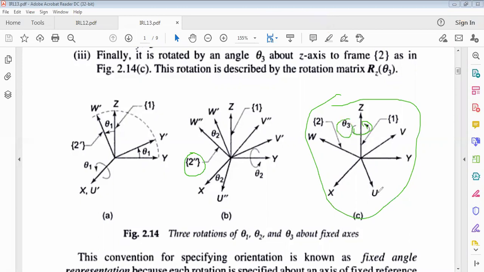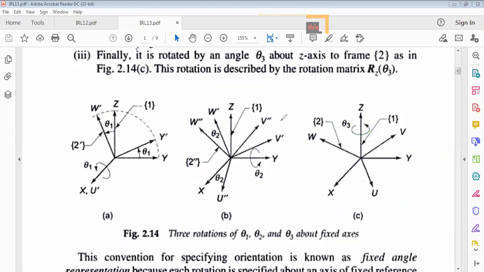So the axes UVW will reach the final frame 2, the destination frame 2. This is the case of fixed angle rotation about principal axes XYZ.